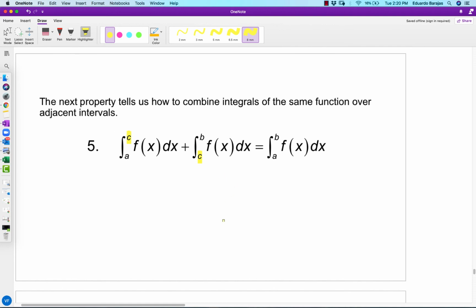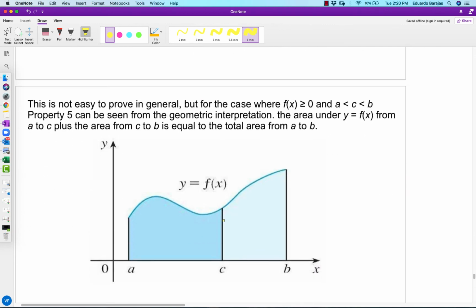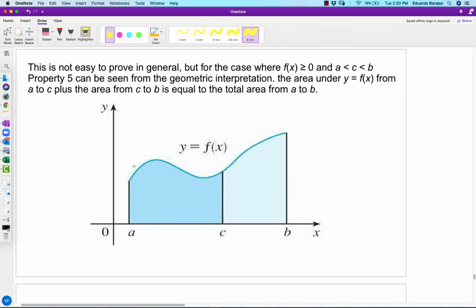Okay, so pictorially, it would look like this. We have some function f of x, and the first integral is integrating from a to c, and the second integral is integrating from c to b. And so we can write them down here. This portion from here to here is the integral from a to c of f of x dx.